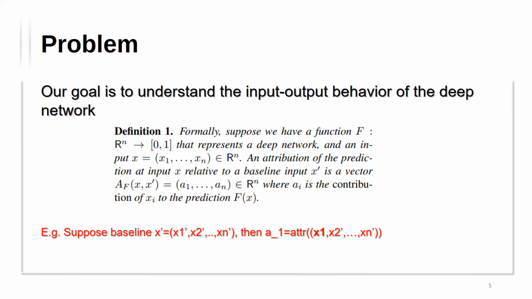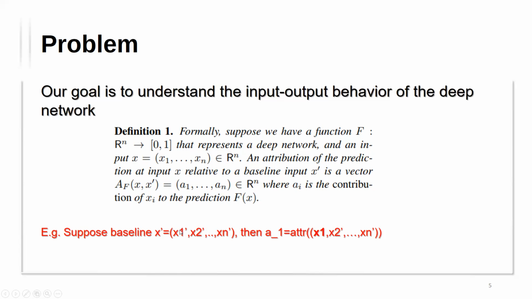So first, let me formally define the attribution problem. Suppose we have a function f that maps a high dimensional vector to a value between 0 and 1, that represents a deep network. And we have an input that has n random variables from x1 to xn. An attribution of the prediction at input x relative to a baseline input x prime is a vector from a1 to an.